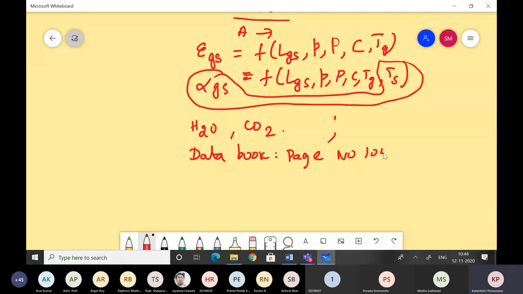What is written? Emissivity of CO2 in a mixture at 1 atmosphere, right?